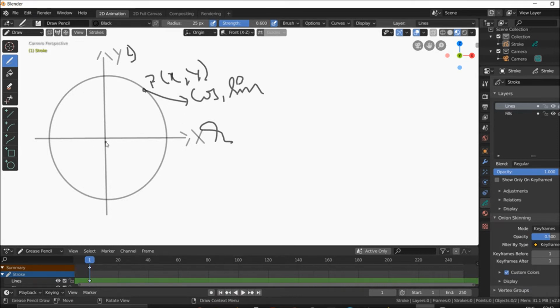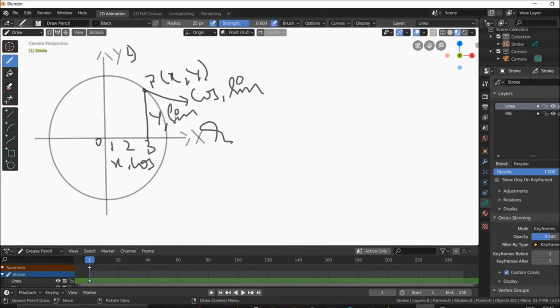To get to this point, we now need to travel along the axes. When we are getting the Cartesian coordinates, we need to travel along the x value and the y value. The x value can be called the cosine function, and the y value we can refer to as sine.